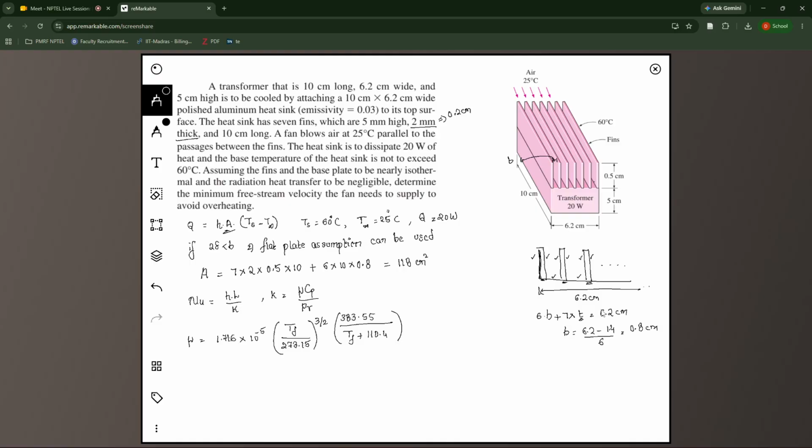So from this you can calculate the value of mu, where film temperature is given by average of the surface temperature and the free stream temperature. So you can substitute that and get the value of mu.